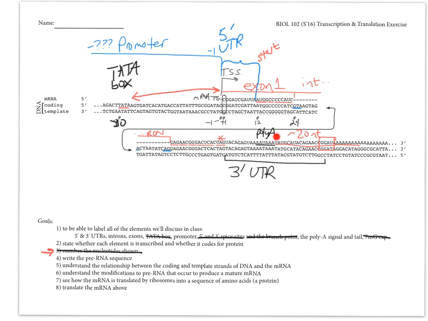That was AAUAAA in the RNA, or AATAAA in the DNA. We found the poly A tail. We found one intron. We found exon 1. That was everything from the start of the transcript to the first intron.